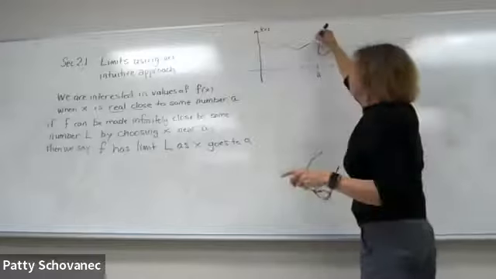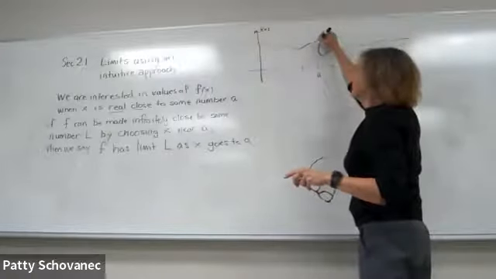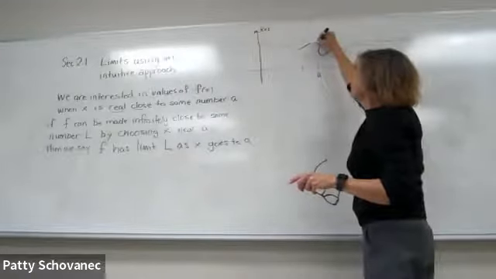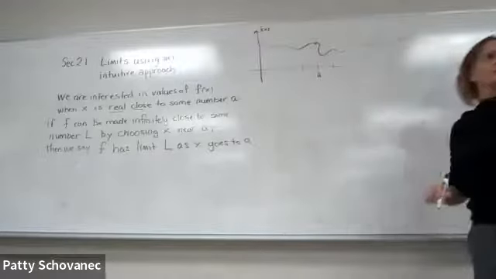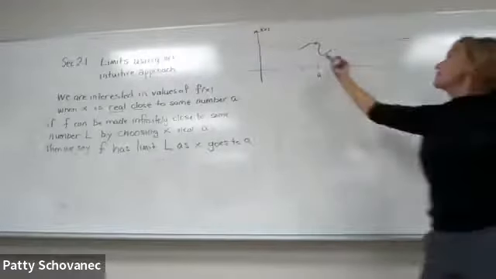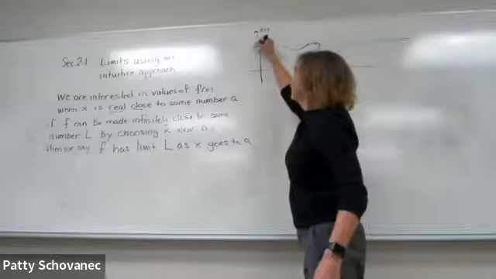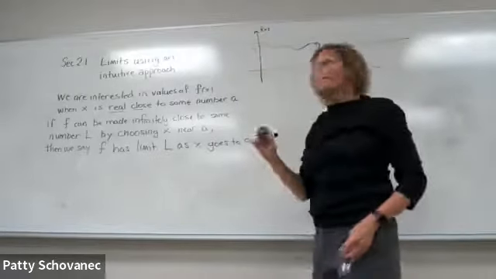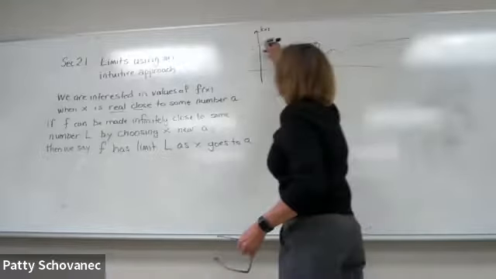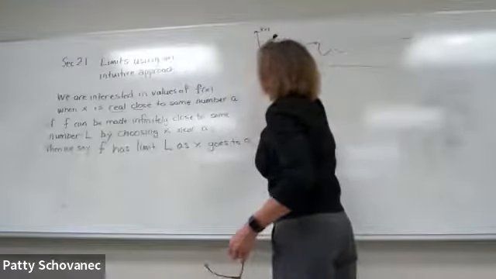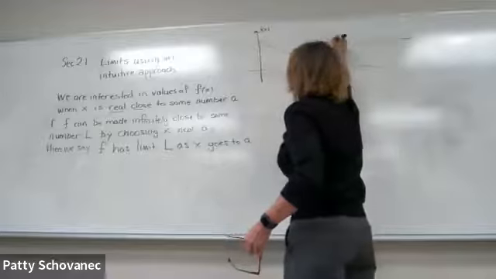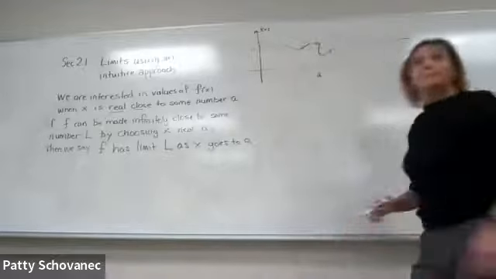So I plot a few more. These are coming in. They look like they're going to hit. Maybe there's a y value at a, maybe there isn't. But if I can make those real close to where that hole is, I go over here and I measure it, and there it is. So I'm looking at getting these y values real close to that one when x is in this little interval here.